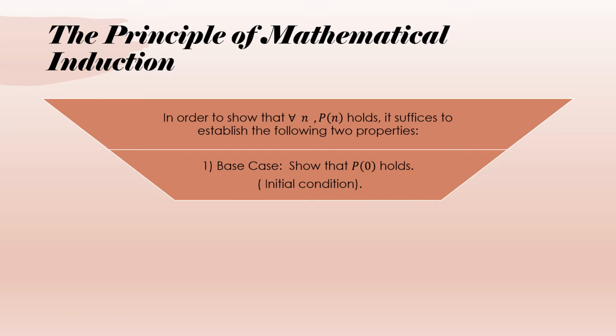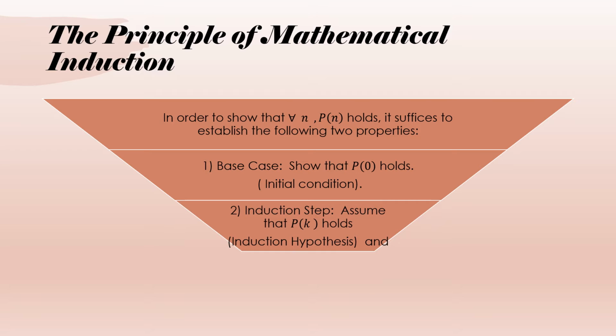If the initial case is 1, we prove P of 1, etc. And then we prove the induction step, for which we need a hypothesis. The hypothesis is that P of n is true when n is equal to k. And we have to prove the result for P of k plus 1. This is the principle of mathematical induction.